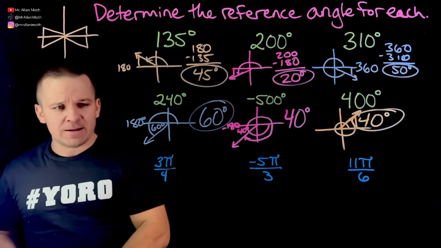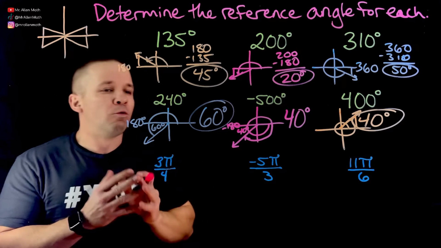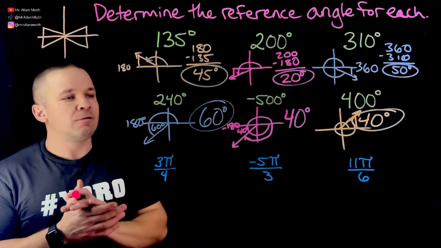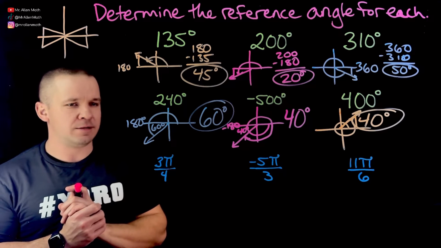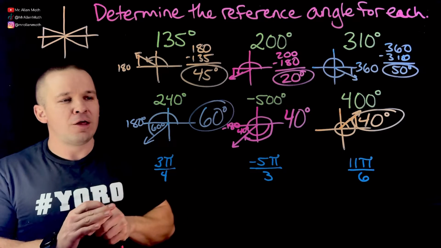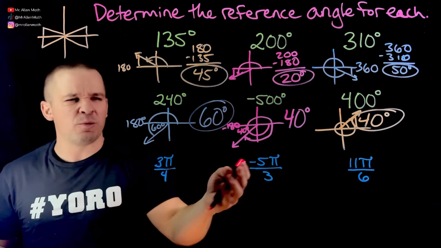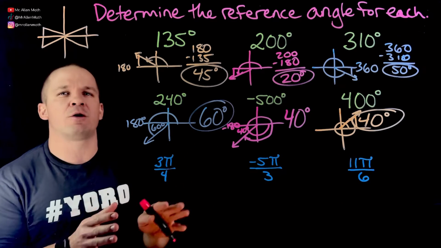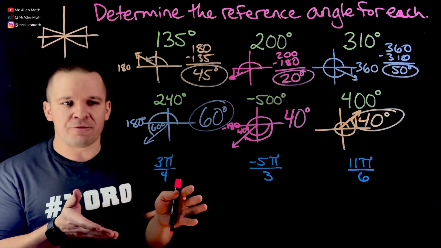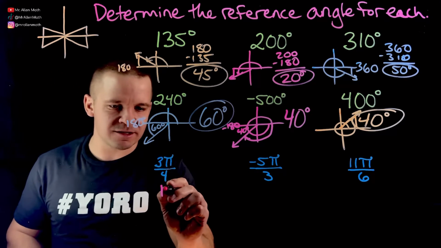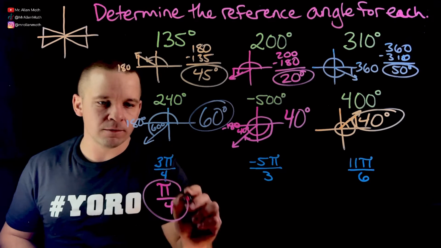All right, down here, radians. Radians are kind of scary, but there's something real nice about radians. When we're dealing with our normal trig ones, because you're going to evaluate with these later, the denominator gives you your reference. My reference here is pi over 4.